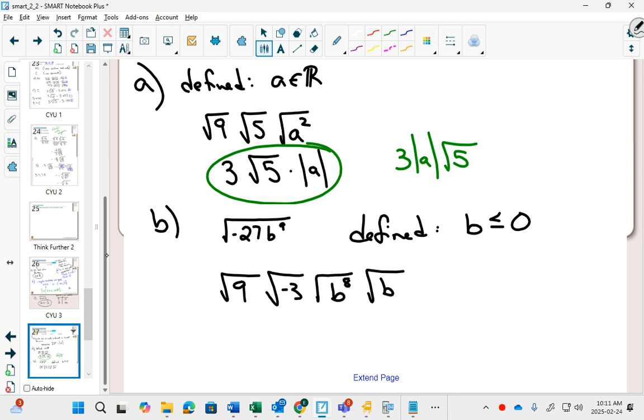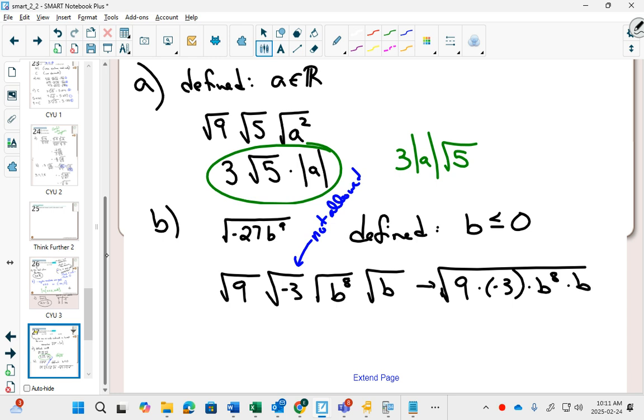This is technically a little bit bad, because technically you're never allowed to write this. This is not allowed. Because are you allowed to square root a negative? No. And I'm showing that I'm doing it in my method. Okay? So probably better would be to write one big square root sign and do 9 times negative 3 times b to the 8 times b.